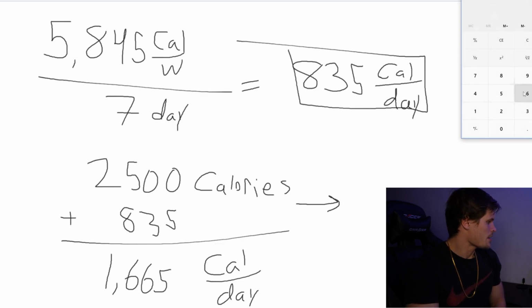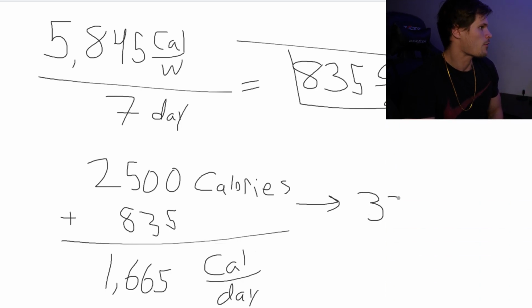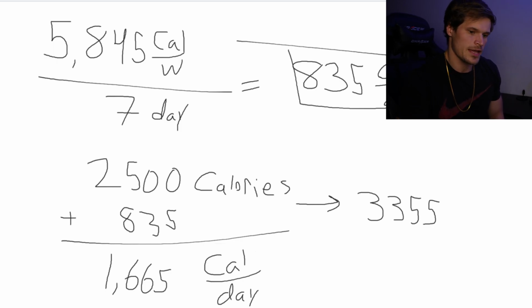That would leave you with 2,500 plus 835, since we're trying to gain weight and eating an extra 835 calories more than we need. That will bring you to 3,355 calories. If you eat that every single day, you'll gain 20 pounds in 12 weeks if that's your goal.